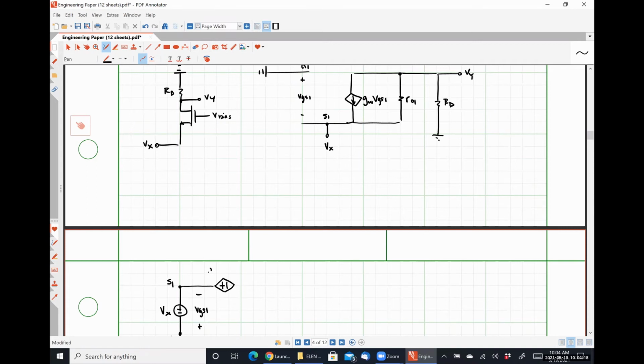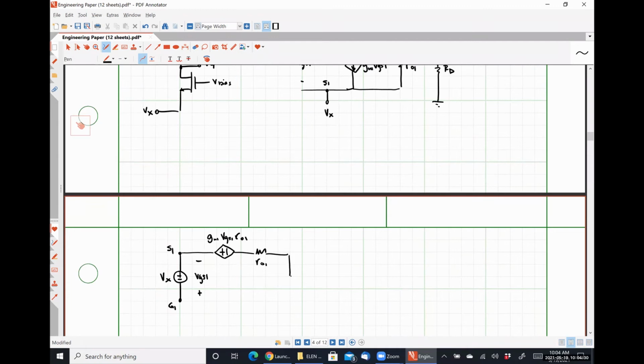So this should be gm1 VGS1 times r01 in series with r01, and then here is RD.